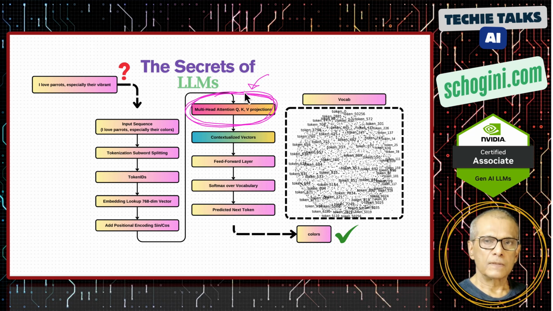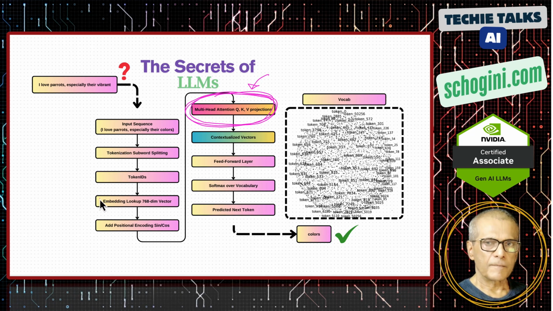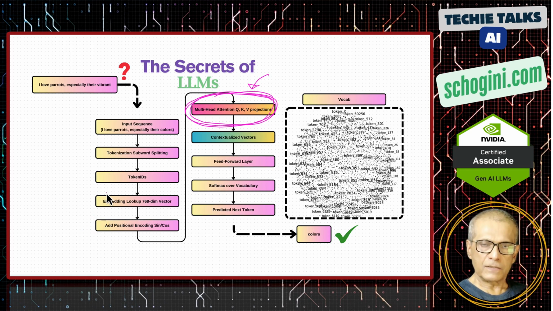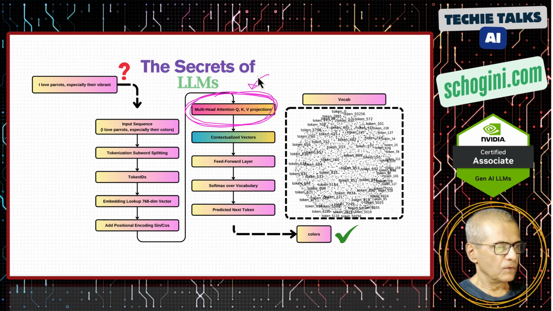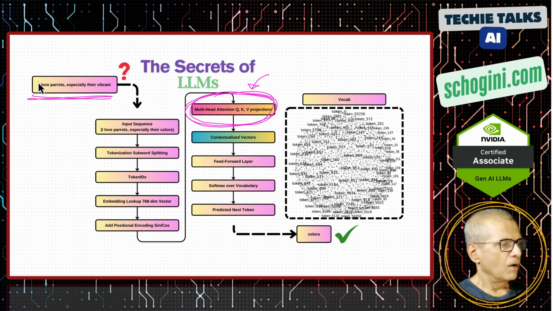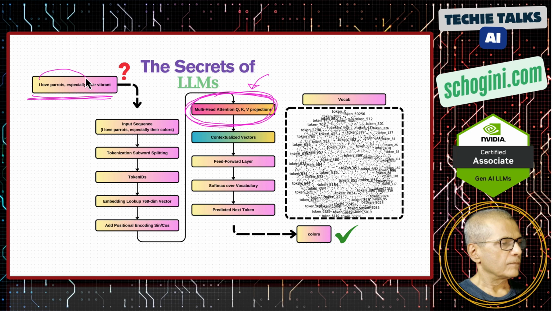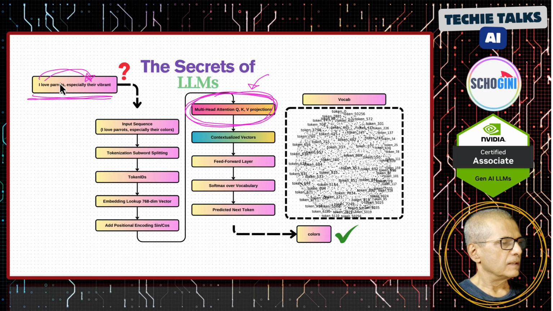What is this? We have got semantic meaning, we have got positional information added to it, but that is not enough. We need to know the influence of all the words to the current word.